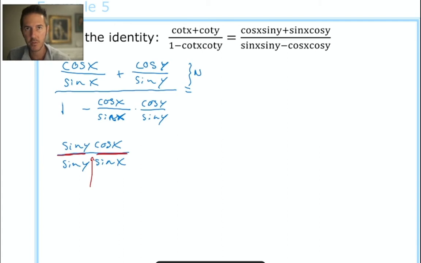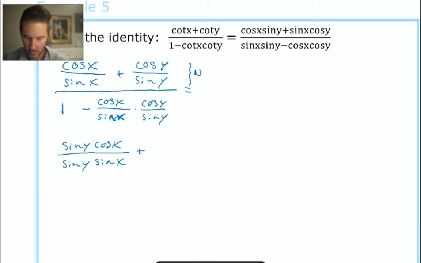I just already multiplied them together. You know yourself better than I do. If you need to write those as two separate fractions, or if perhaps you want to write the sine y over sine y in a different color so that it's clearly the new entry into that line. And sine y over sine y is equal to 1. That's why we're allowed to do it. You know, make these notes your own.